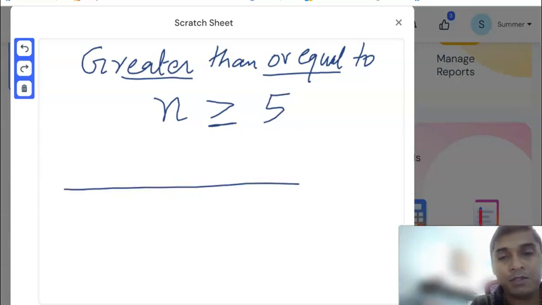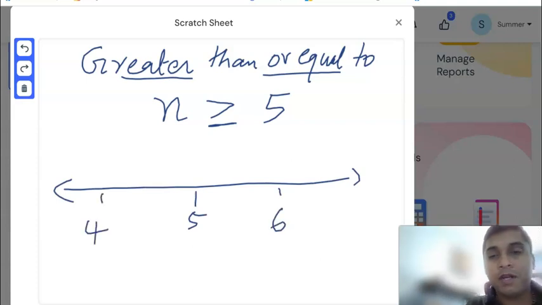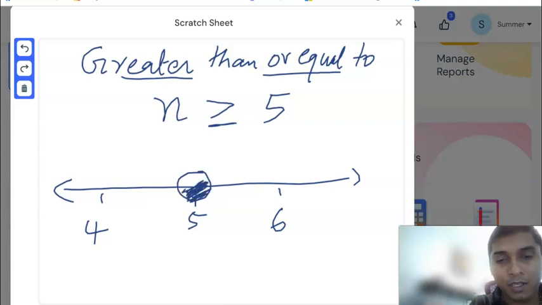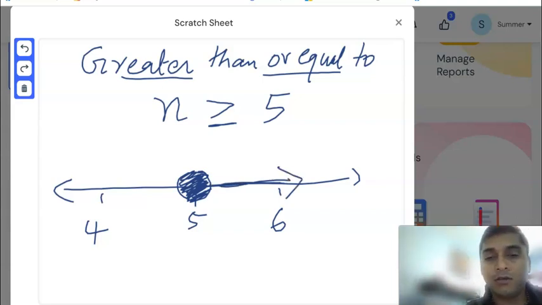On the number line it's the same, 5, 6, 4, but since 5 can be included, before it was an open circle, but 5 is okay here, so we are going to close that circle, or you will have a shaded circle, but it still goes to the right because all are greater than 5 values.